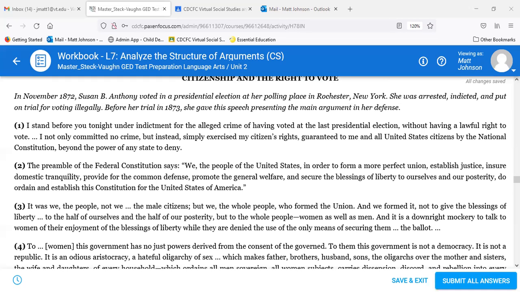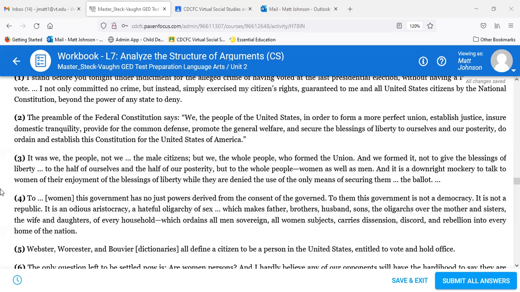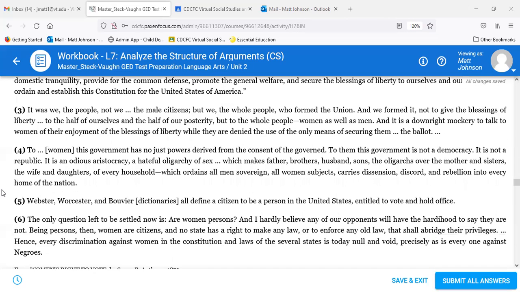And we formed it not to give the blessings of liberty to the half of ourselves and the half of our posterity, but to the whole people, women as well as men. And it is a downright mockery to talk to women of their enjoyment of the blessings of liberty while they are denied the use of the only means of securing them, the ballot.